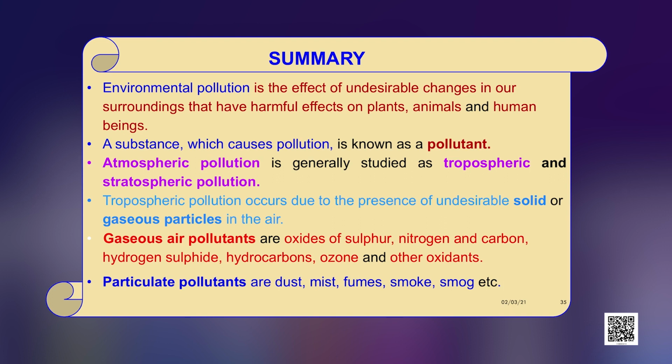The tropospheric pollution occurs due to the presence of undesirable solid or gaseous particles in the air. The gaseous air pollutants are oxides of sulfur, nitrogen and carbon, hydrogen sulfide, hydrocarbons, ozone and other oxidants. The particulate pollutants are dust, mist, fumes, smoke and smog, etc.